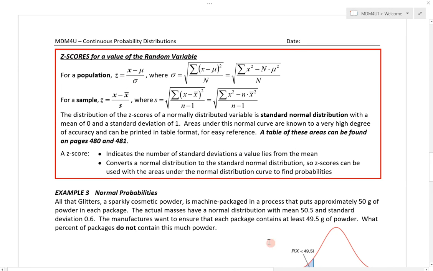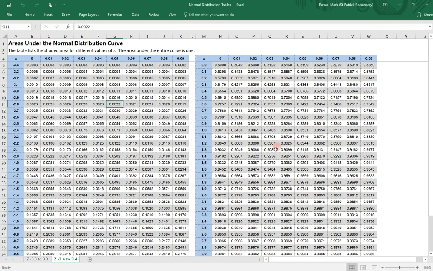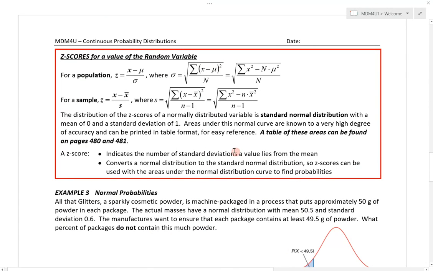The standard normal distribution has probabilities all listed under this table. So you can calculate the probability for any range of values of continuous variables using a standard normal distribution, but you can only get the standard normal distribution by converting your normal distribution through the use of z-scores. Okay, because z-scores are the standardized numbers, right?